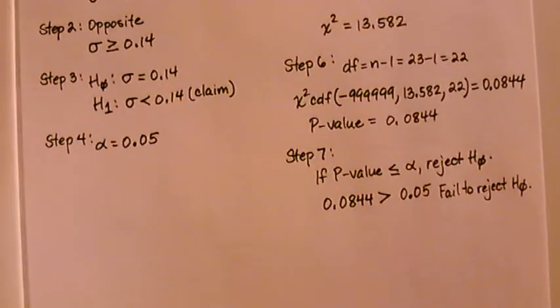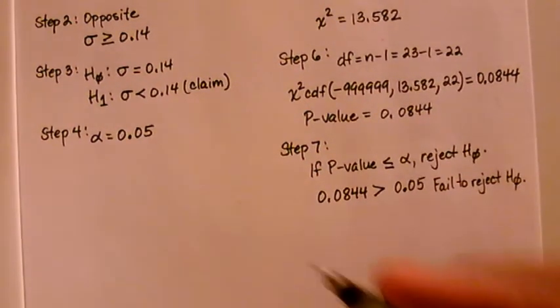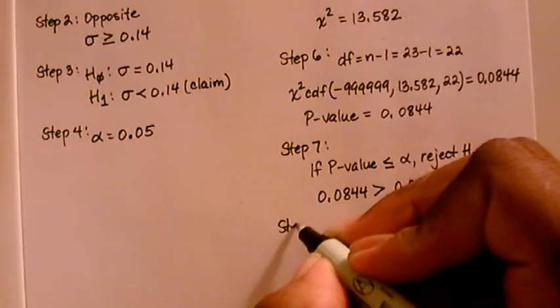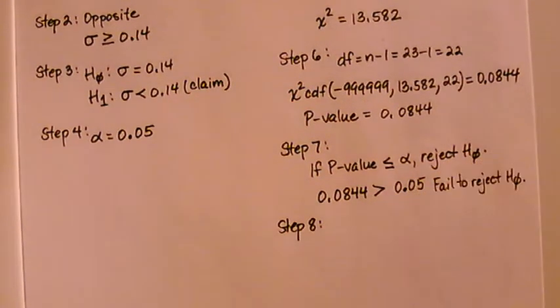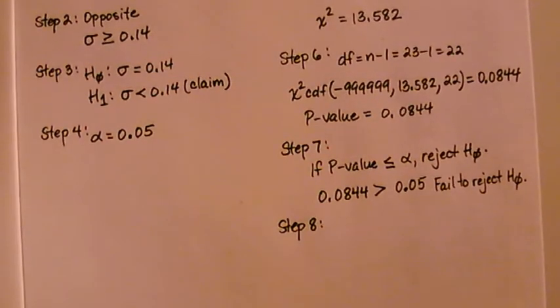And then step number 8 is to write a conclusion statement using simple non-technical terms. So if we fail to reject the null hypothesis, we are saying that there's no sufficient evidence to support the claim.